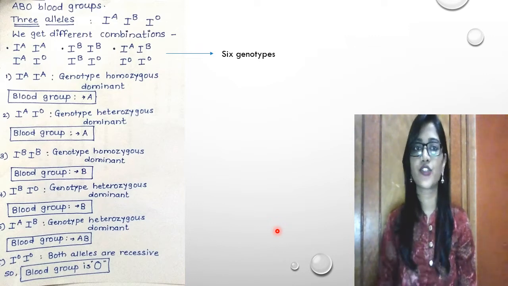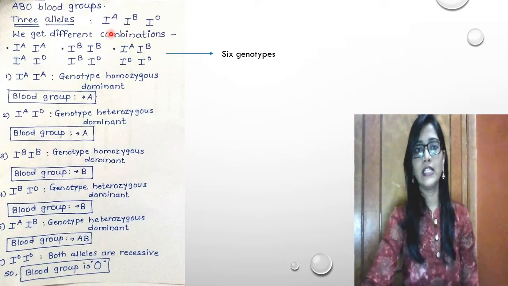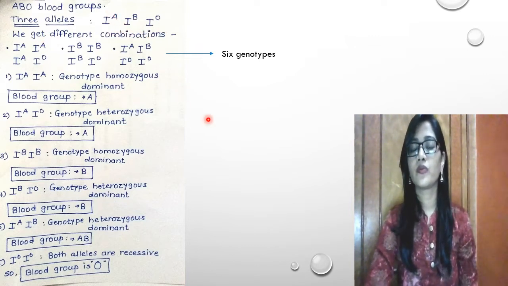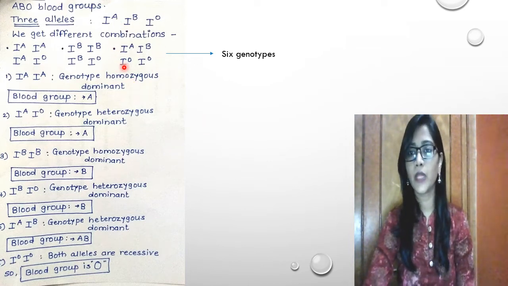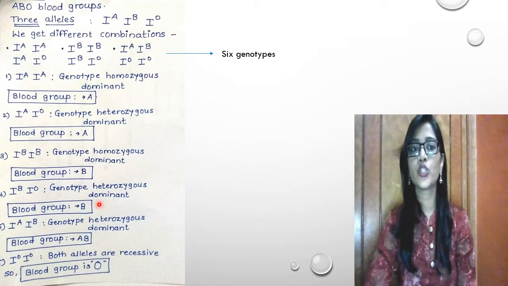As you can see in the ABO blood groups, there are three alleles, IA, IB and IO, and we get four phenotypes, that is blood group A, blood group B, blood group AB and O. And what are the six genotypes? We get different combinations from these three alleles.